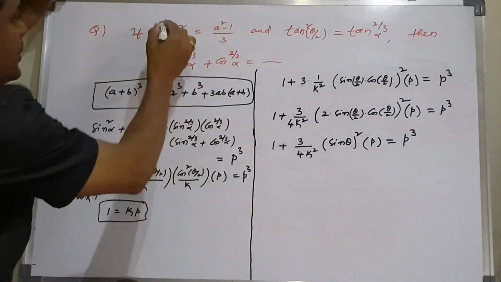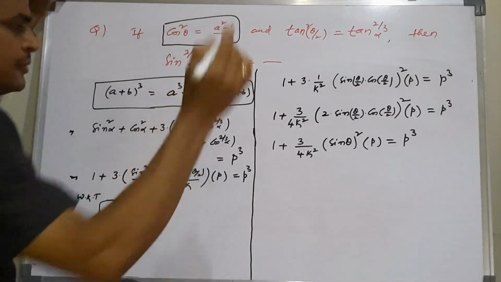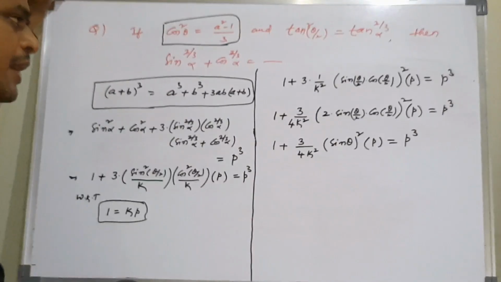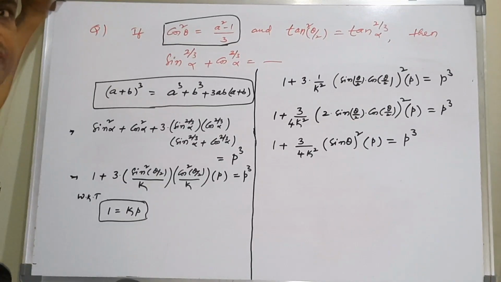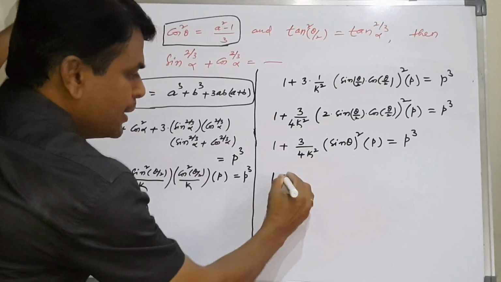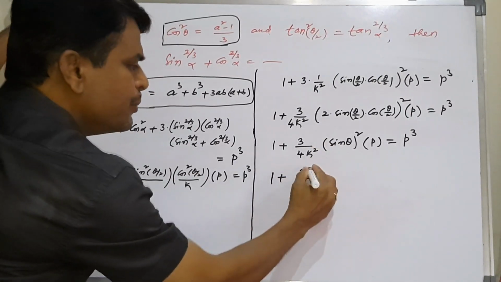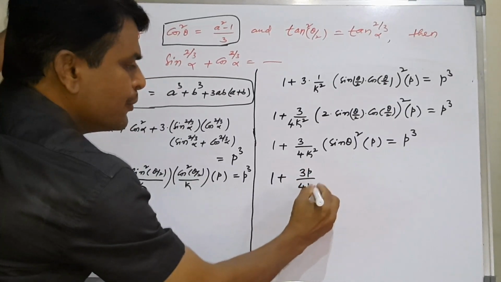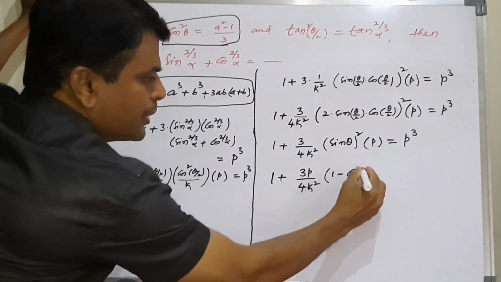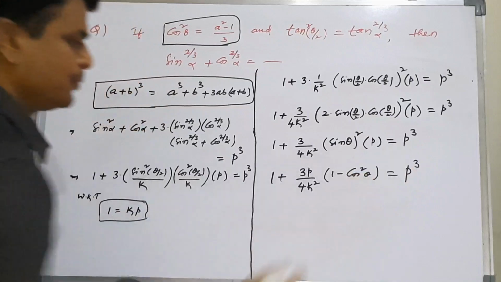Now we know the relation between cos square theta and sin square theta. This sin square theta I can write in terms of cos square theta, that is 1 minus cos square theta. So then you can write it as 1 plus 3p divided by 4k square into 1 minus cos square theta, that is equal to p cube.